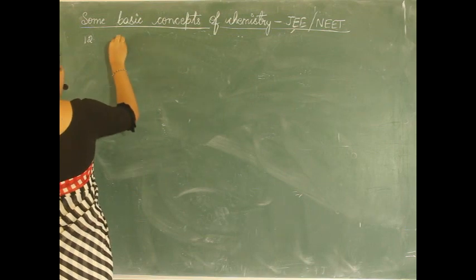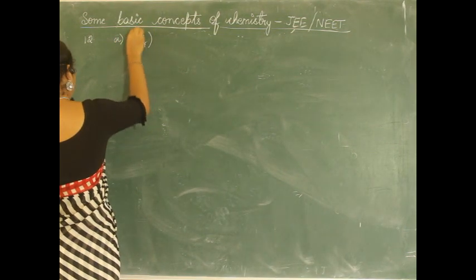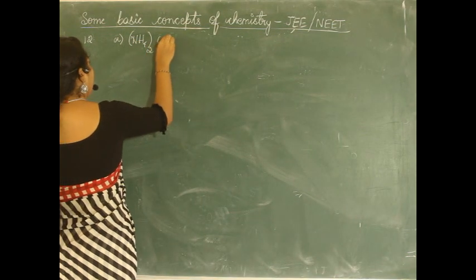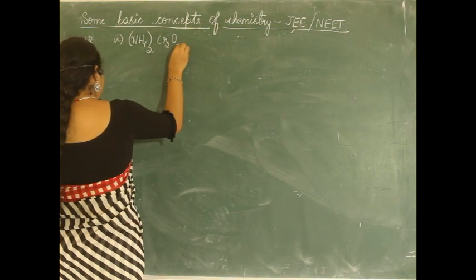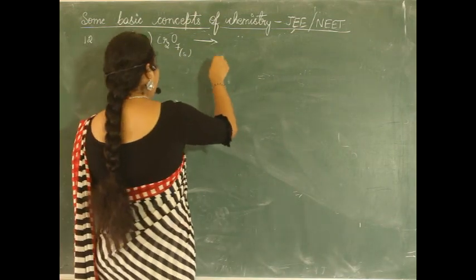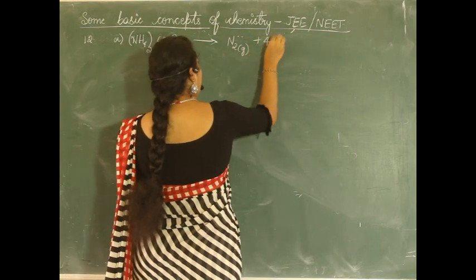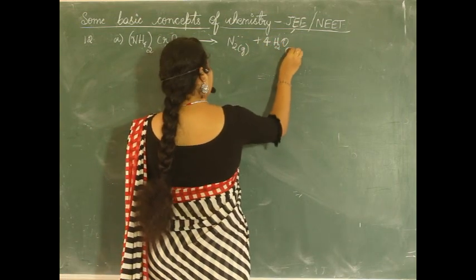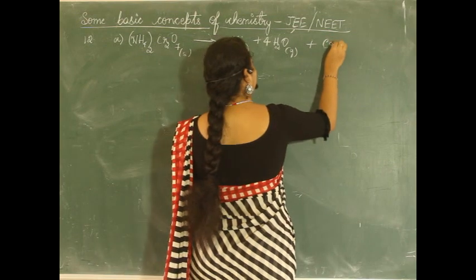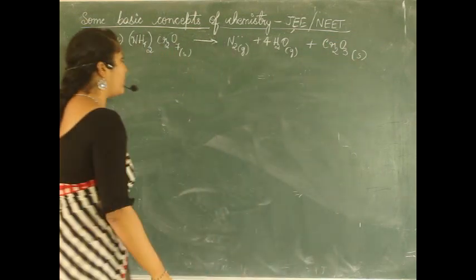So let us write the options. It's very simple. The thing is, you should know how to calculate the molecular mass using the given data. So the first one is ammonium chromate, which gives nitrogen along with 4 moles of water and chromium oxide, Cr2O3.